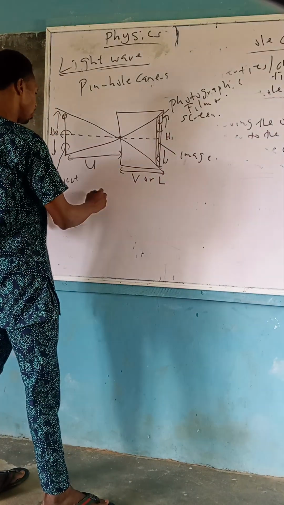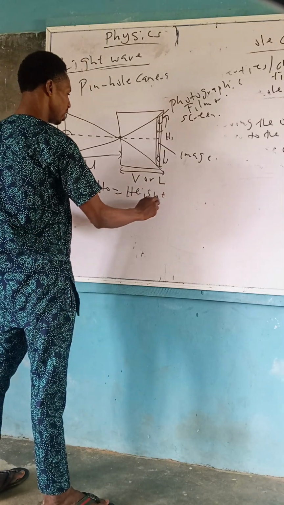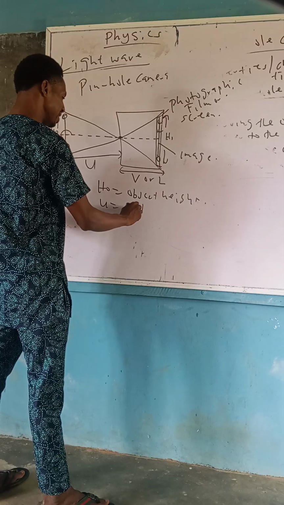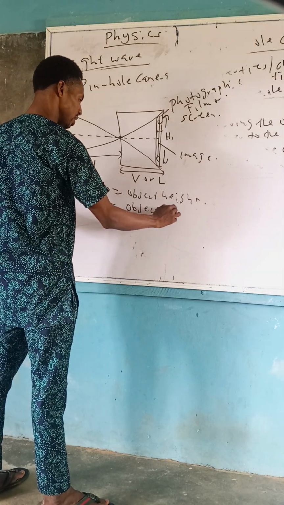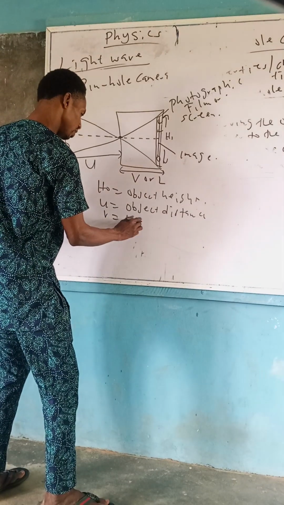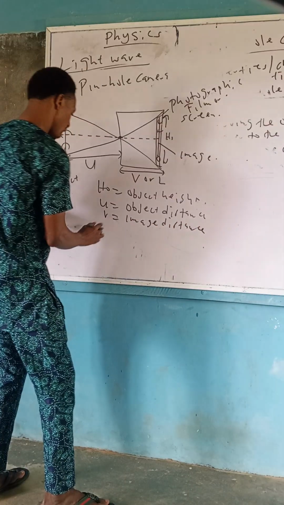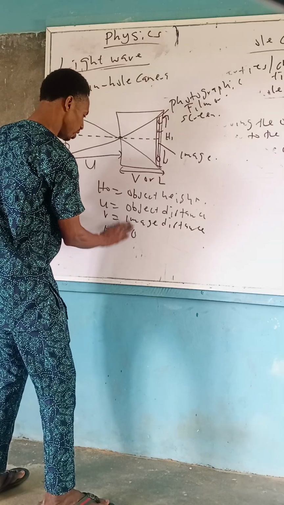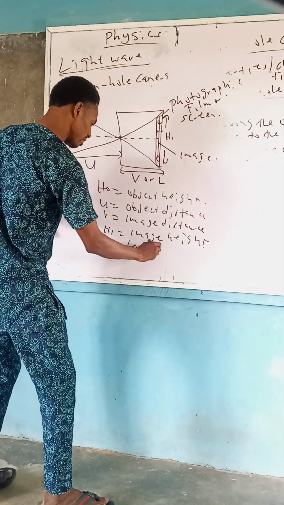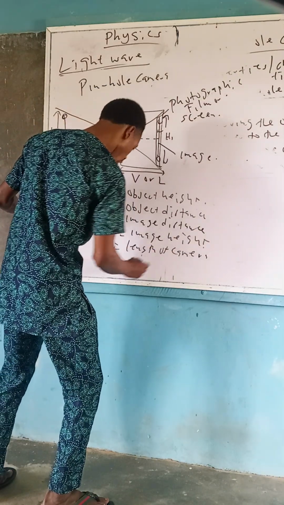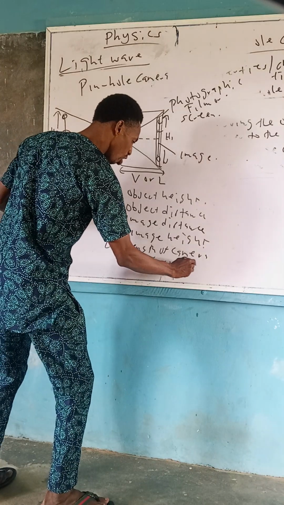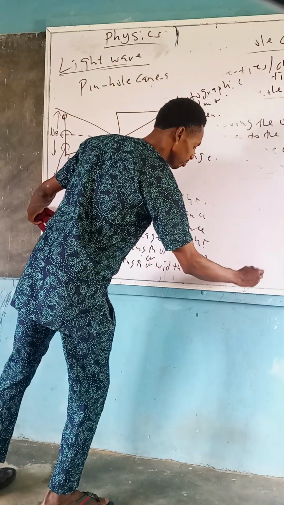HO is the height of the object, U is the object distance, V is the image distance, HI is the image height, and L can be called the length of the camera, or the width of the rectangular box.